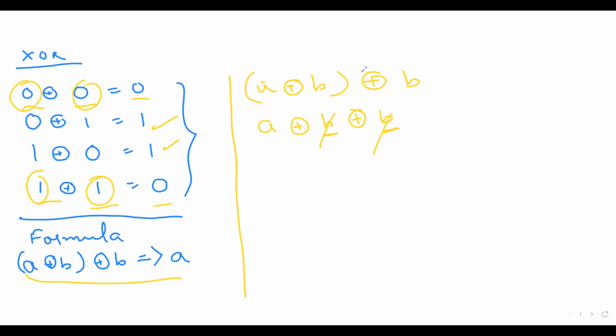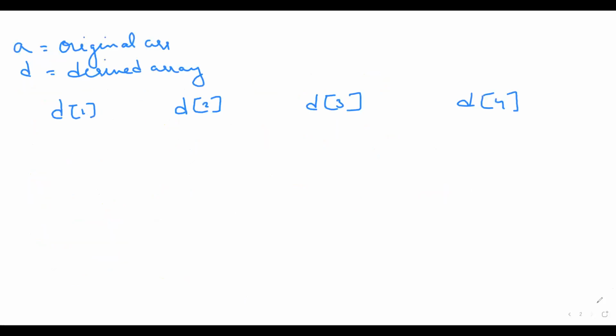So these two will cancel out and it will leave A as the solution. If A is 0, the answer will be 0. If A is 1, then the answer will be 1. So the problem which is given is based on this formula only.